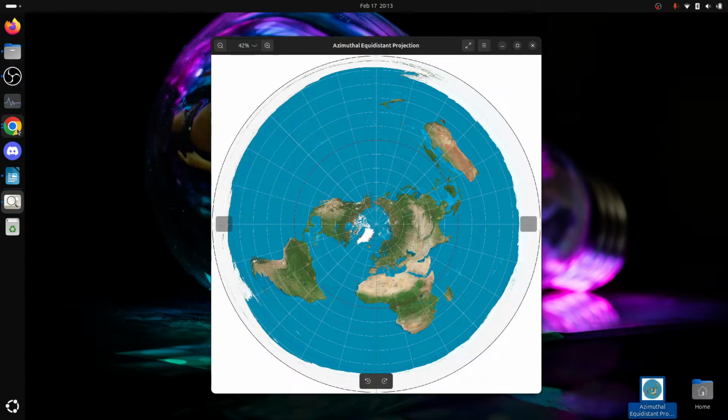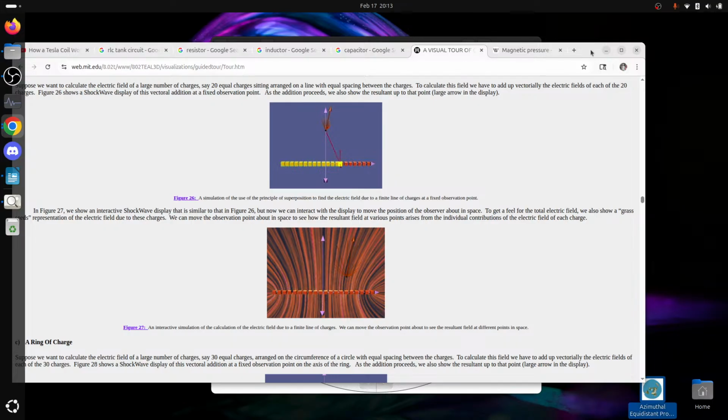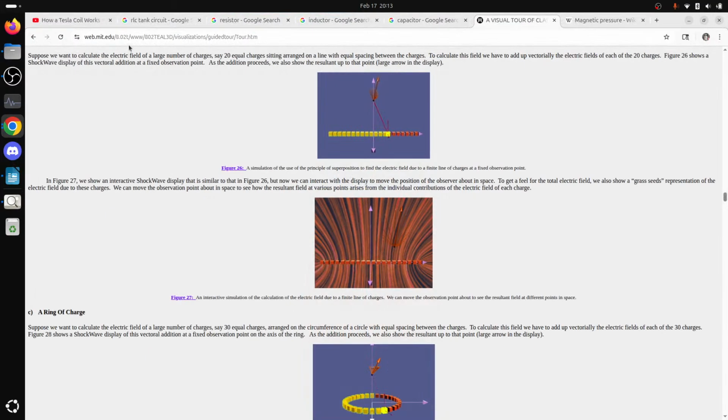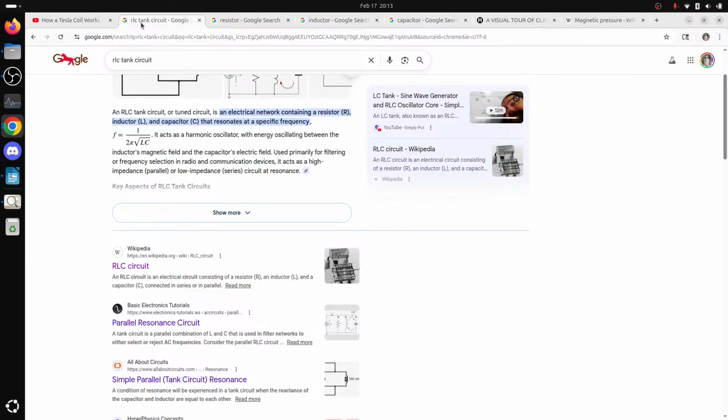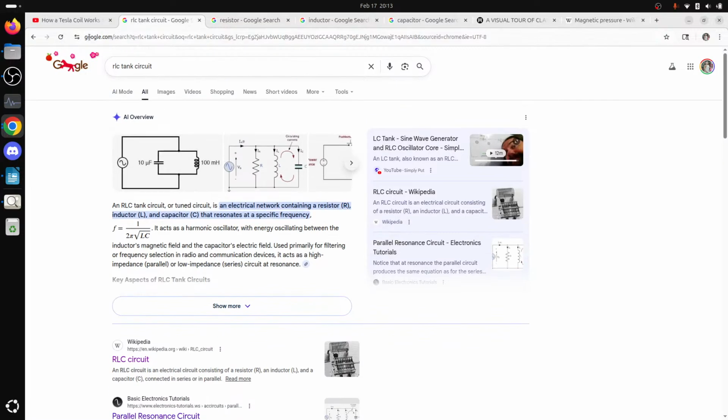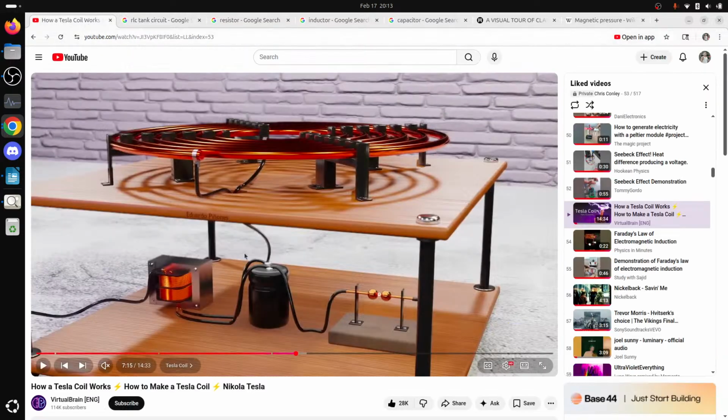Let's go grab this. There's a definition of tank circuit, but I wanted you to visualize. When we're doing a Tesla coil, this is the old school spark gap Tesla coil. The new ones have transistors that do all the on and off. Right now what's doing the on and off is the spark gap.